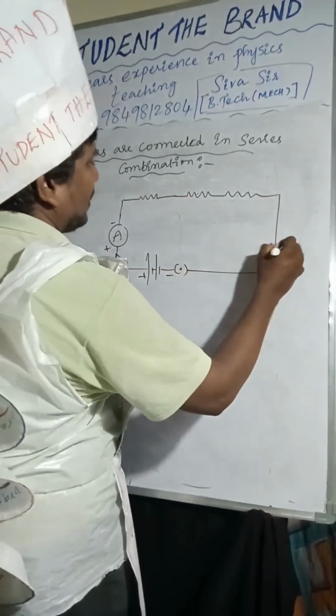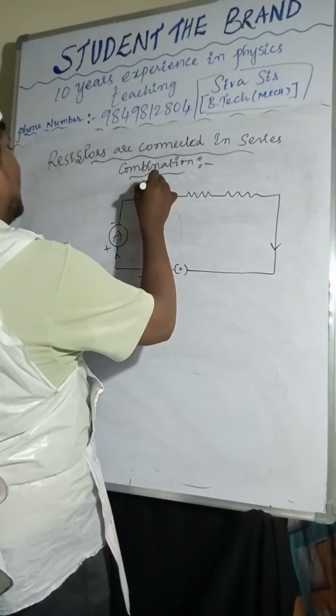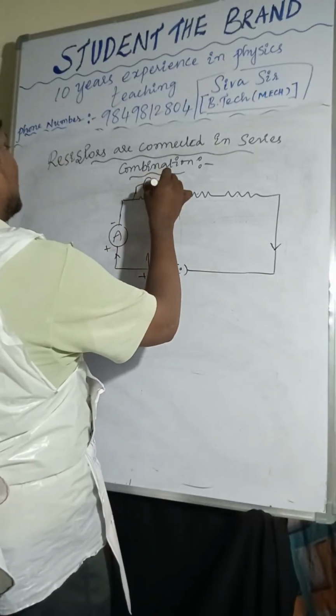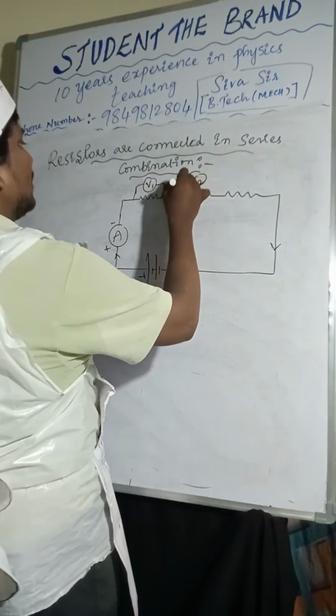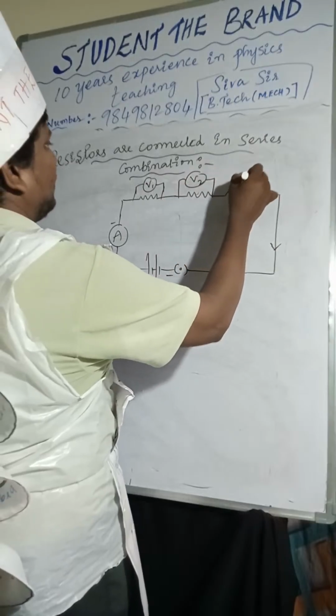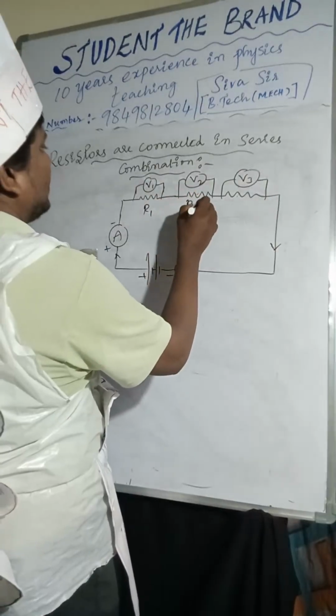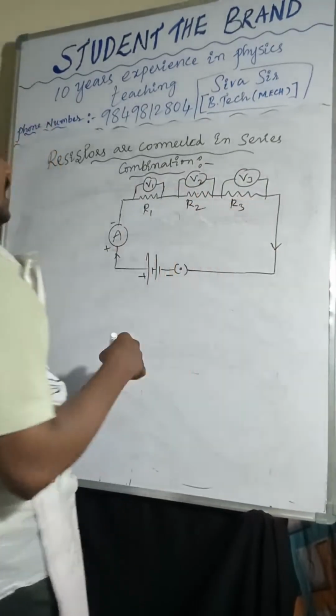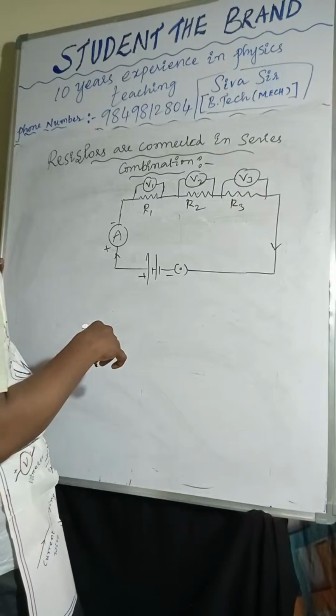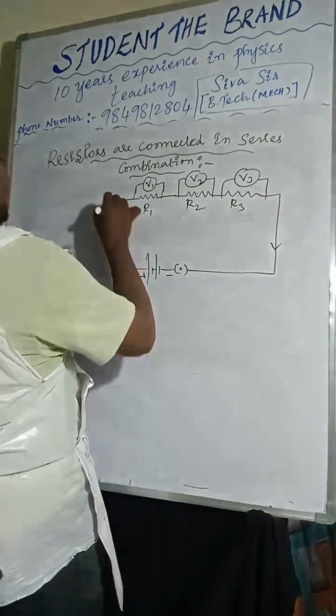Across R1 we connect V1, across R2 we connect V2, and across R3 we connect V3. Current is the same throughout the circuit.